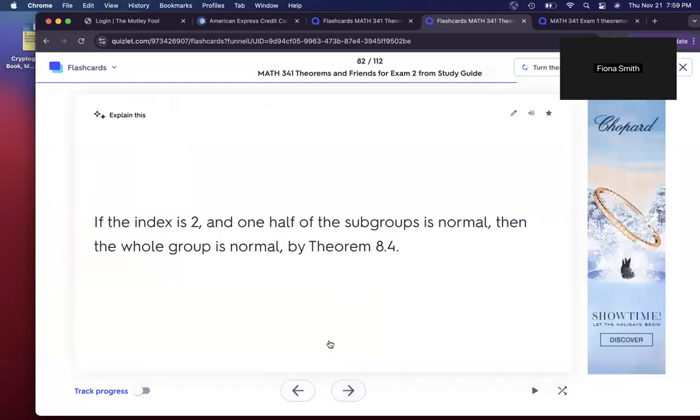If the index is 2, and one half of the subgroups is normal, then the whole group is normal by theorem 8.4 with that union part, since they have to create G. And so if one of them is normal and the rest of the elements are left, then it's got to be normal as well. That was something covered in class thanks to Jonah.